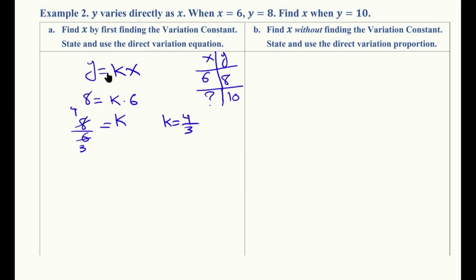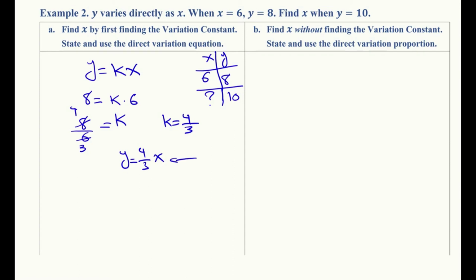So now, this was the general variation equation, or the form really. For this particular scenario, the specific variation equation that applies in this case is going to be y equals, instead of k, we're going to put 4/3 x.